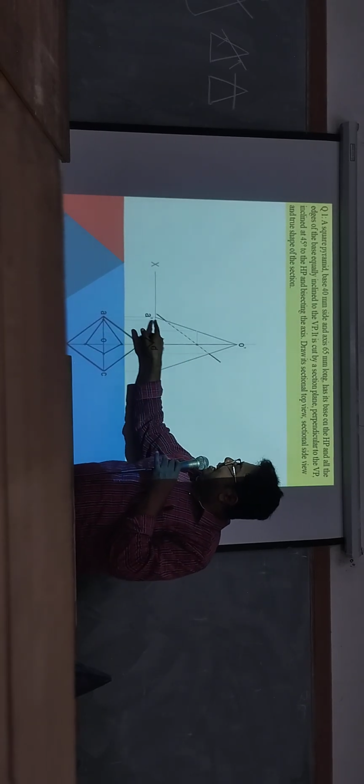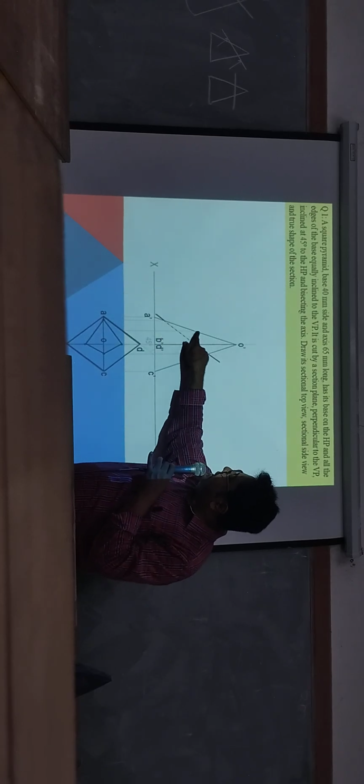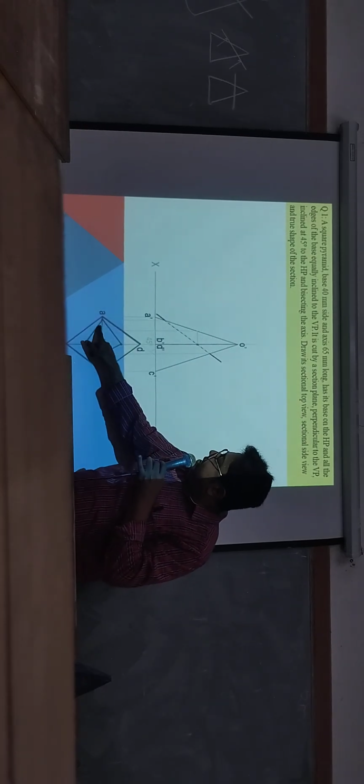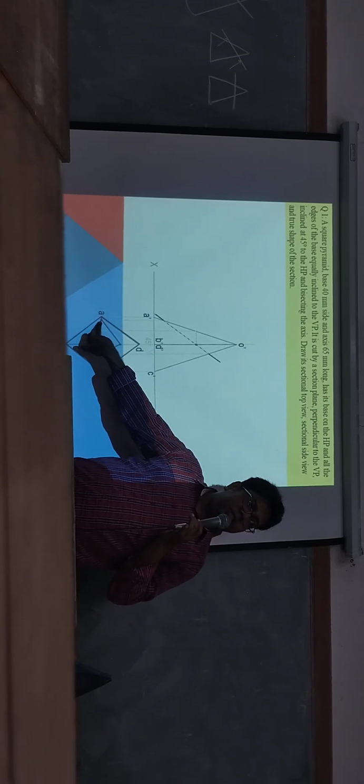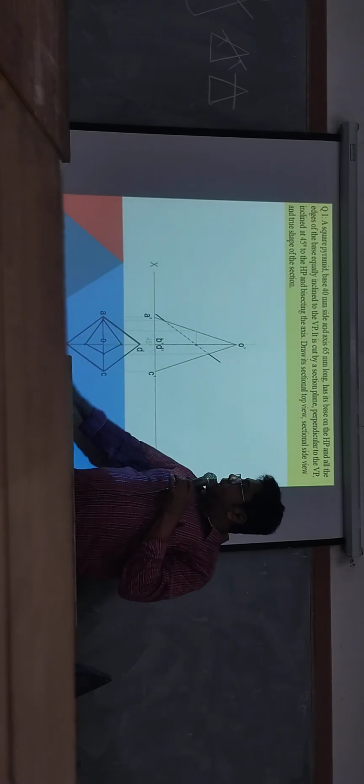Because this line is cutting at this point with A, this is the OA line. OA line is here, which one? This is OA, it is cutting here. So this is one point.